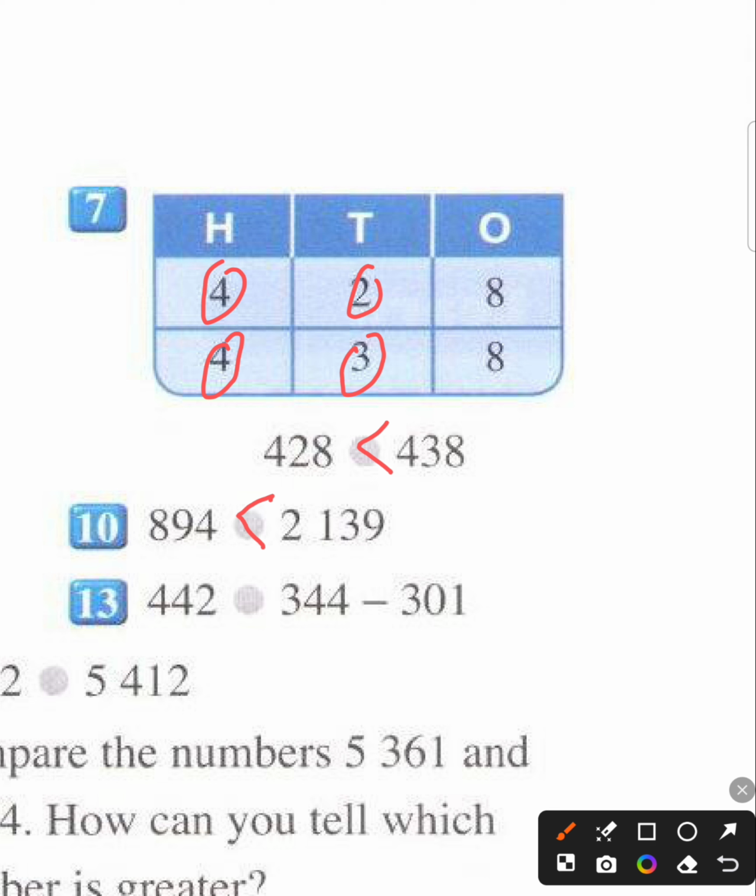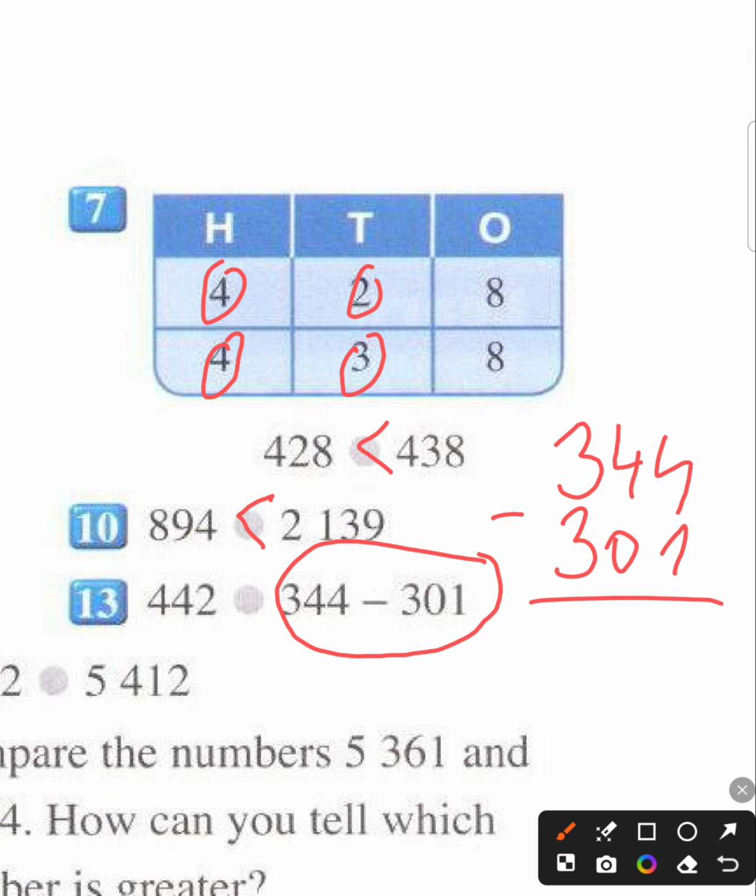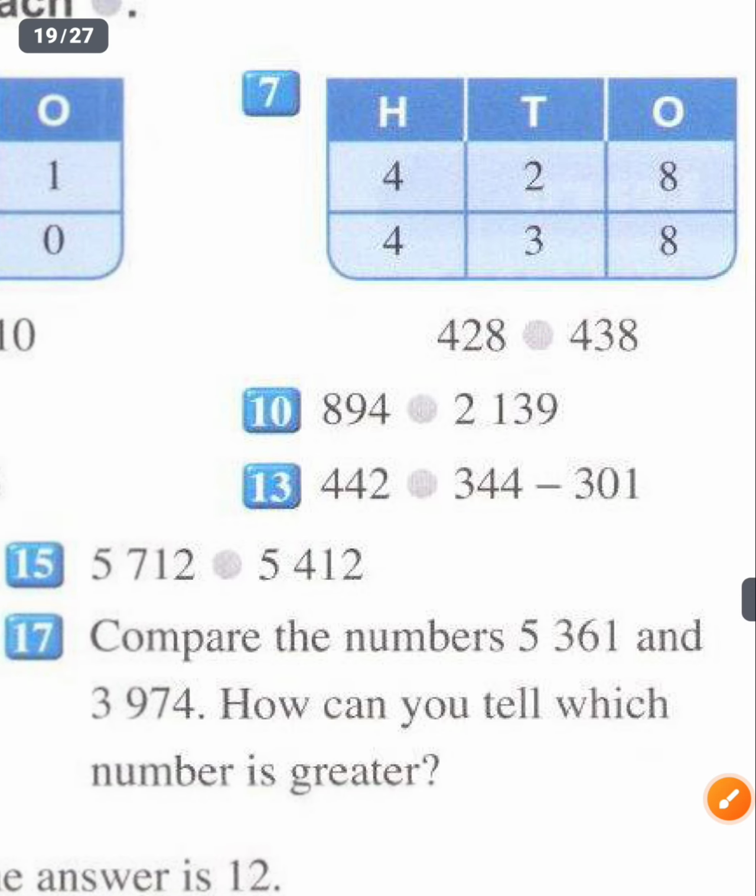After 442, and we must first calculate this. 344 minus 301. 4 minus 1 is 3. 4 minus 0 is 4. 3 is 43. It means, of course, like this.